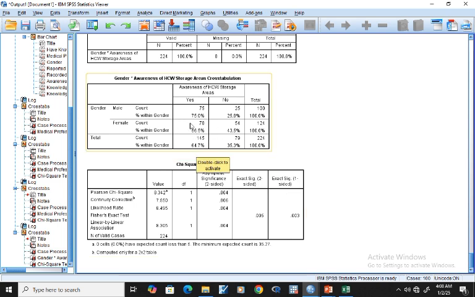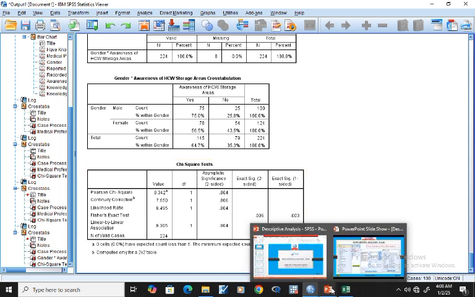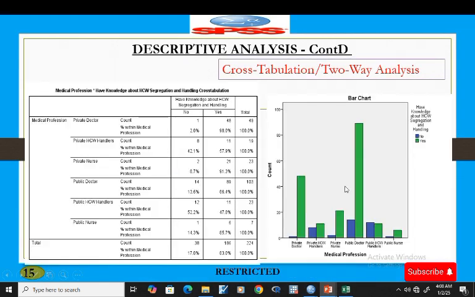And we can say that the awareness of healthcare waste storage areas is gender informed: a higher proportion of males are statistically more aware, with a higher rate of awareness of healthcare waste storage areas than their female counterparts. So that is that.